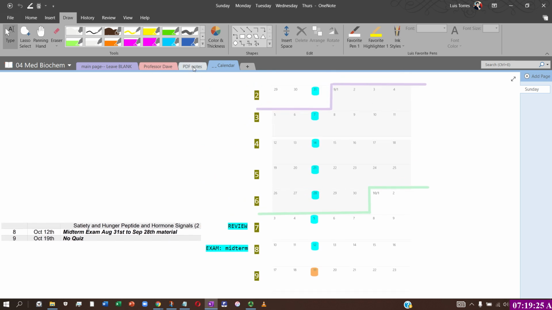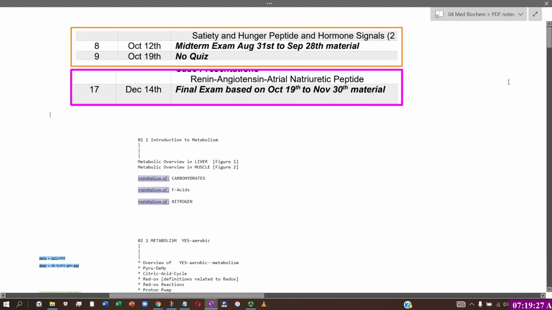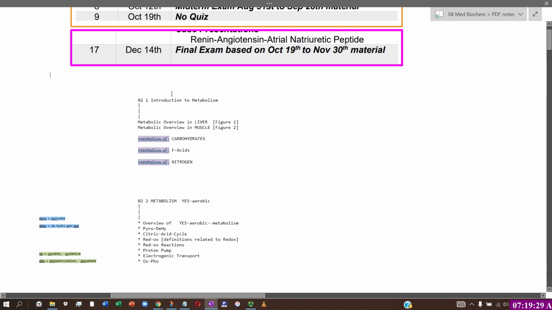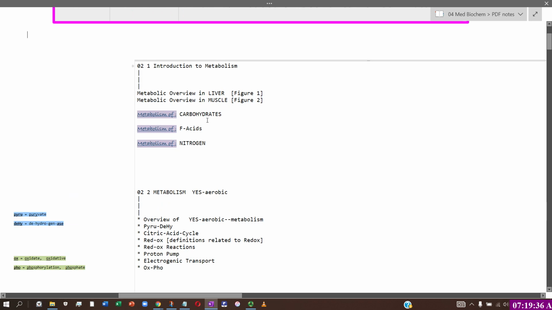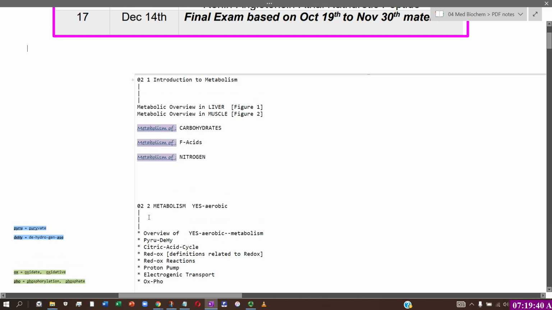So going back to the PDF notes, for session 2, it is called Introduction to Metabolism, and this is the way I've rewritten the major topics.